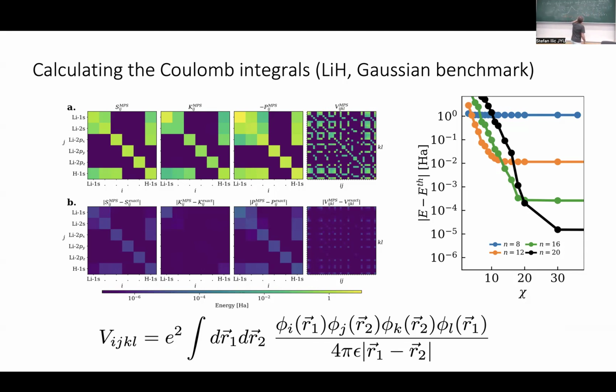It's integral dr in 3D, integral dr prime. Then you have the product of 4 of these orbitals, at position r and position r prime.